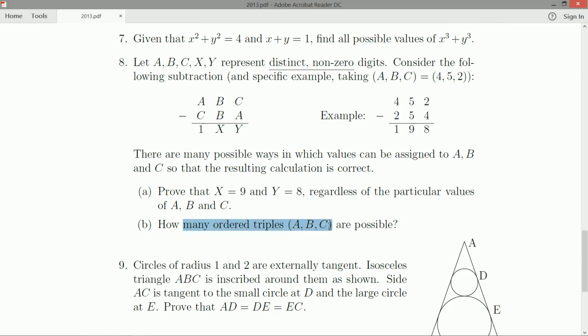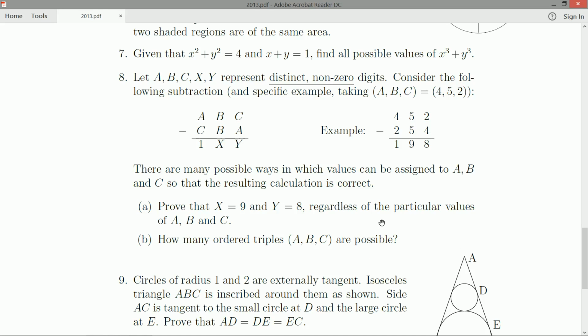How many ordered triples A, B, C are possible? Now here I want to be very clear, because they said distinct digits for all of them. So I can't let A, B, or C be 9 or 8. Sometimes on math contests, people aren't reading it the same way you are.